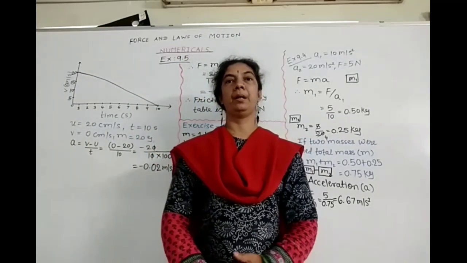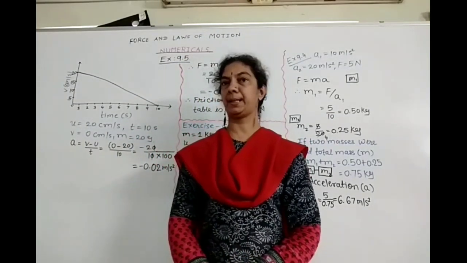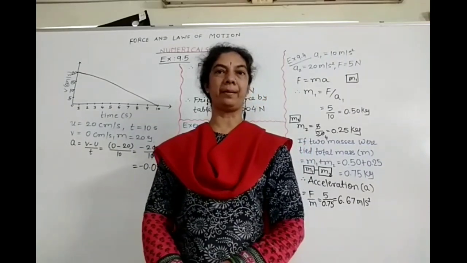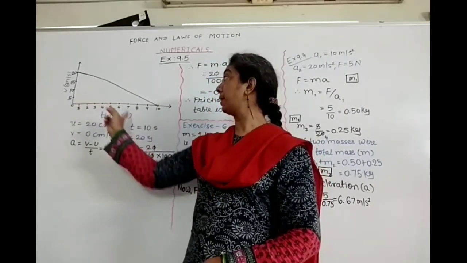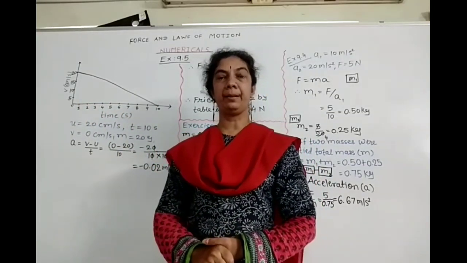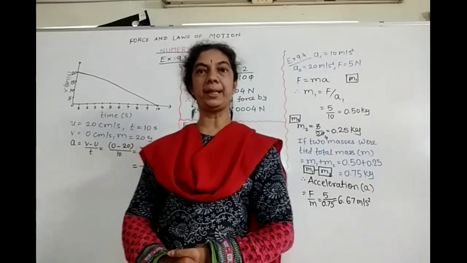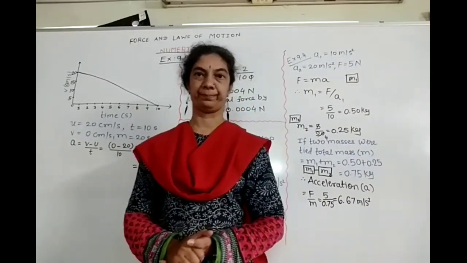Now the fifth example of the exercise, which is given in a bit different way. In that the velocity time graph is given, and once again the quantities are given in very small units.